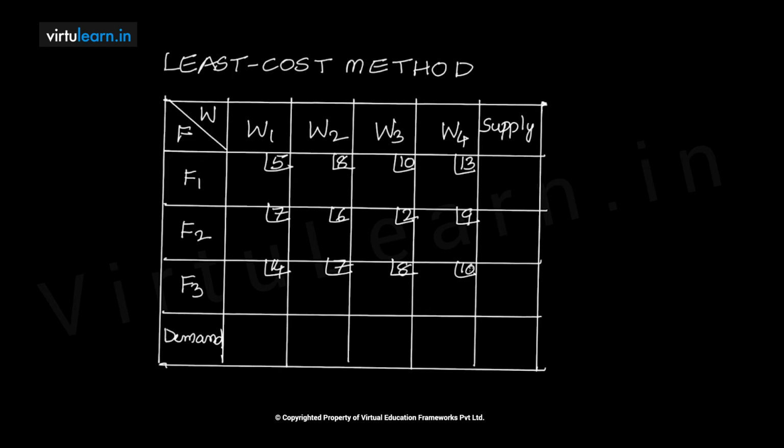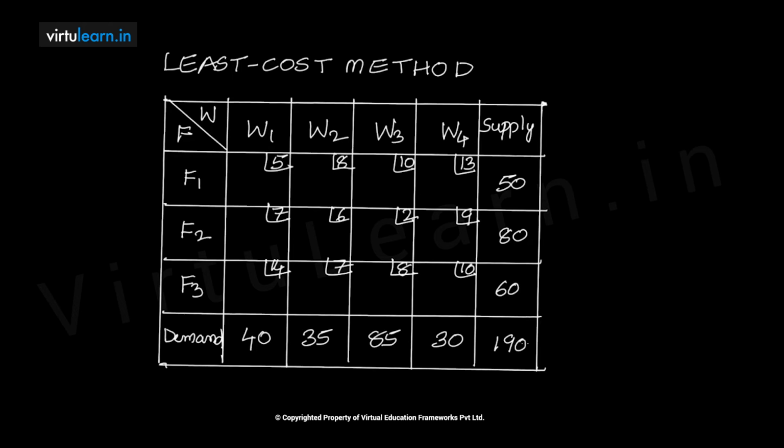Now we have this table ready with the costs of each cell, the supply units from factory 1, factory 2, factory 3, and similarly the demand or requirements at W1, W2, W3, W4.